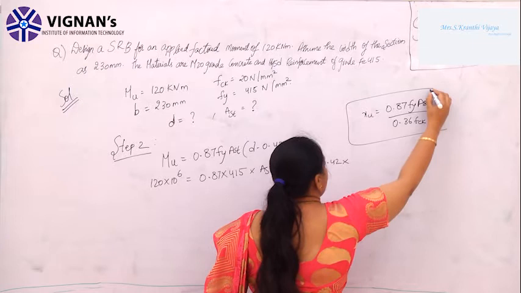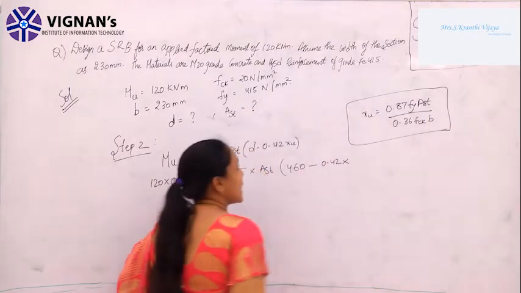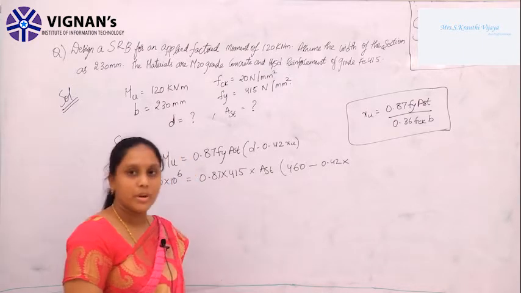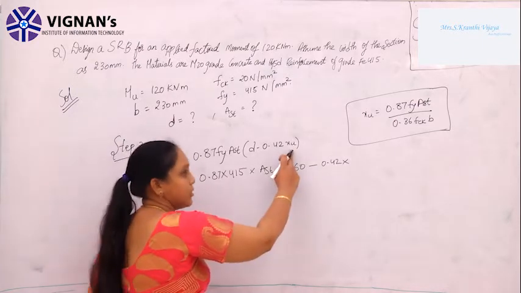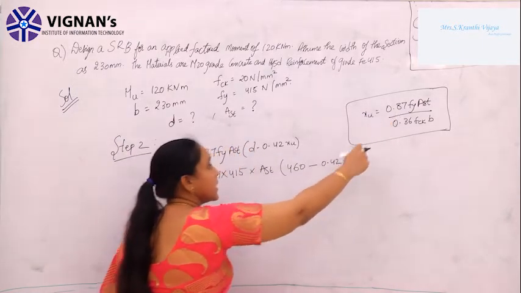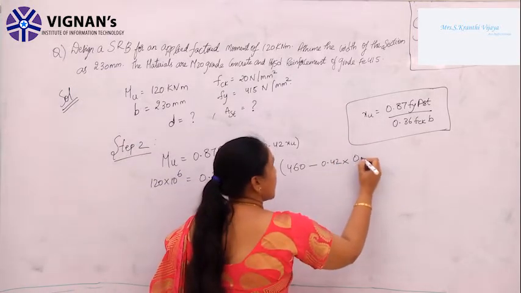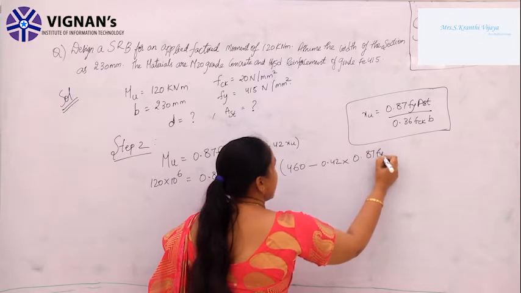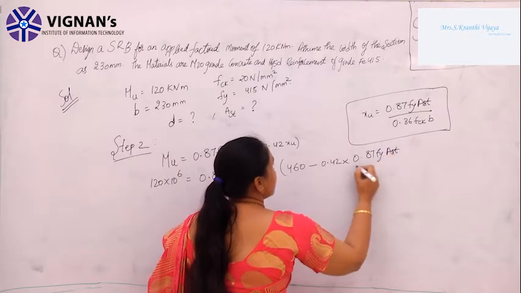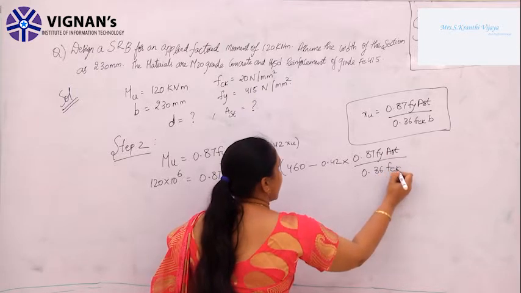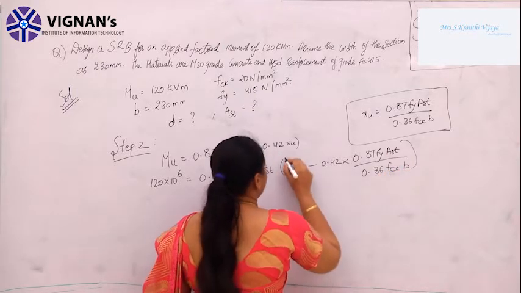This is the neutral axis depth value, which we have already derived in the previous classes. So in place of Xu, I am going to substitute this equation here: 0.42 into 0.87 into Fy into Ast divided by 0.36 fck into b.